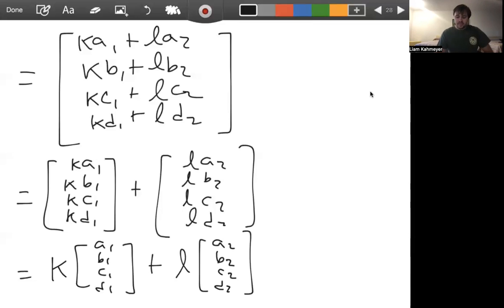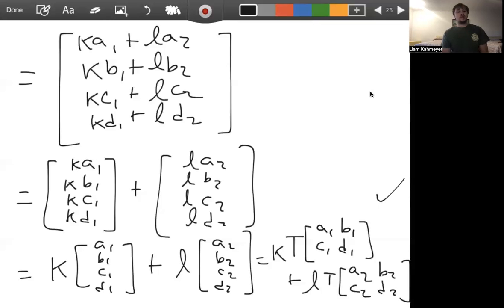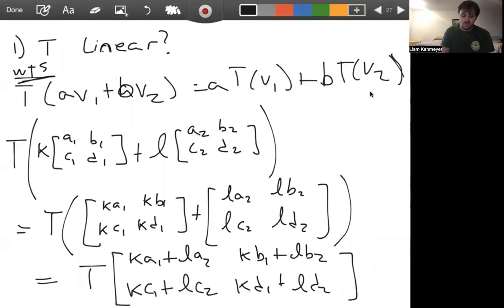This is equal to K times T of A1, B1, C1, D1 plus L times T of A2, B2, C2, D2, which shows that the linear property holds, so this is a linear transformation from M22 to R4.